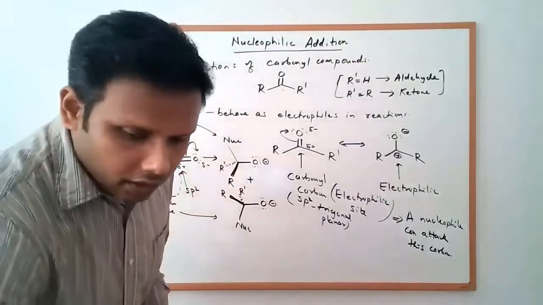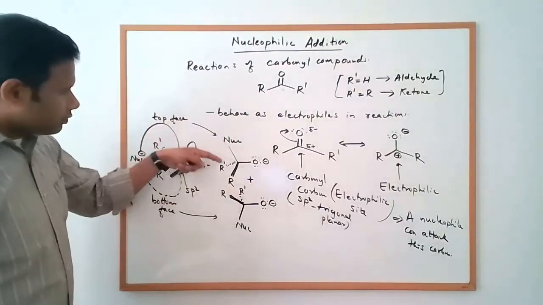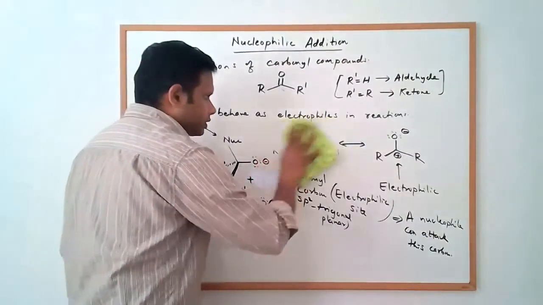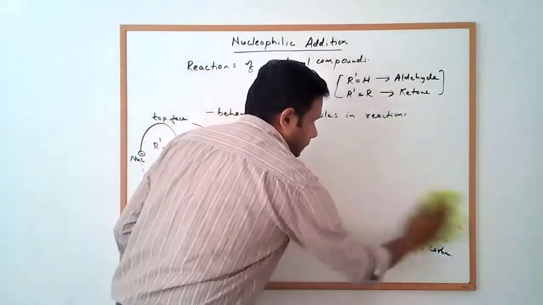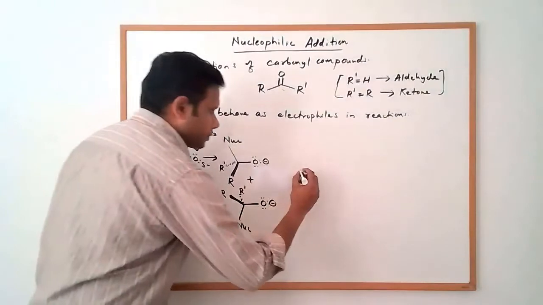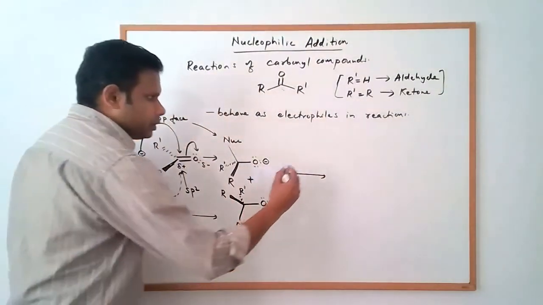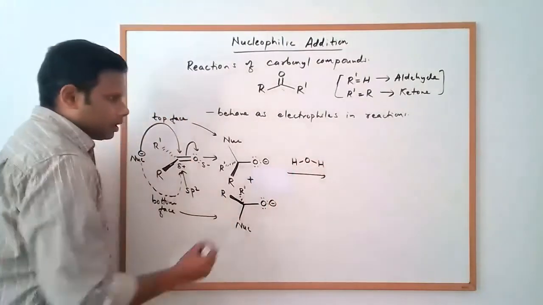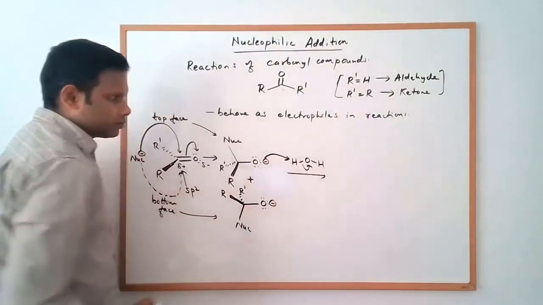Now, in most cases like this, when a nucleophile attacks the carbonyl carbon and opens up the pi bond, the final step is a protonation event. You could add water, and the oxygen would get protonated.